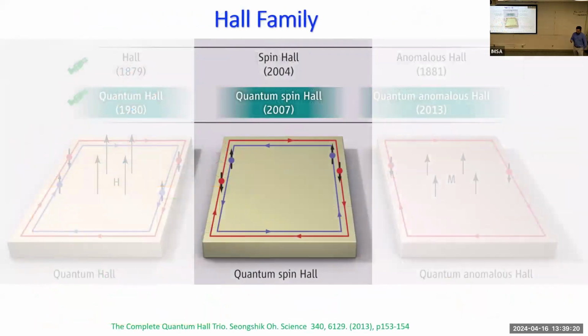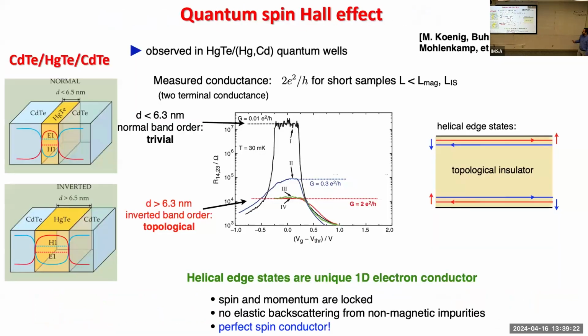Then finally, we have the spin Hall effect, and the quantum spin Hall effect was observed in these mercury telluride quantum wells.